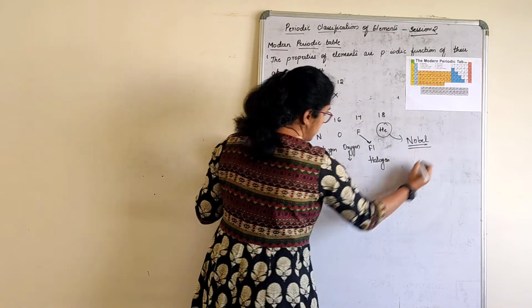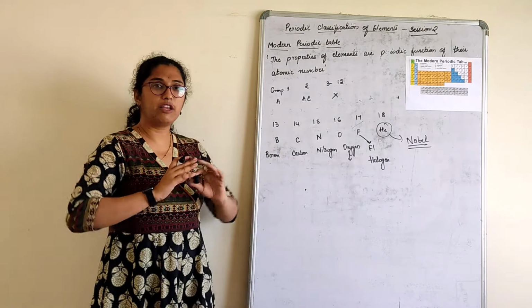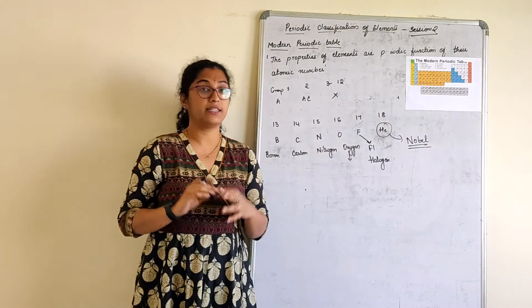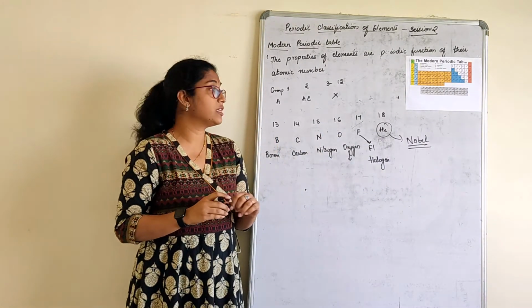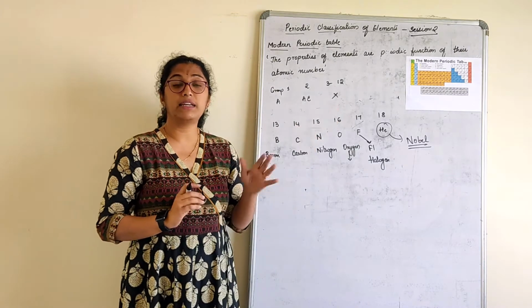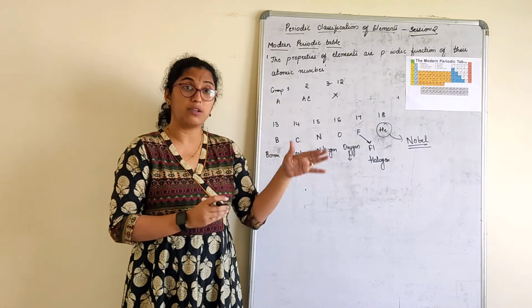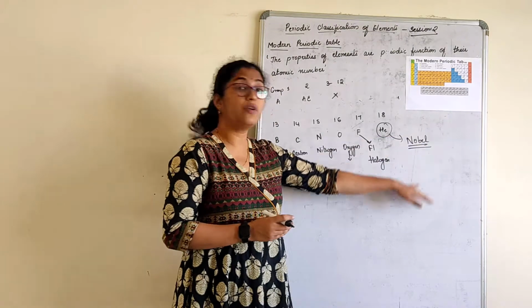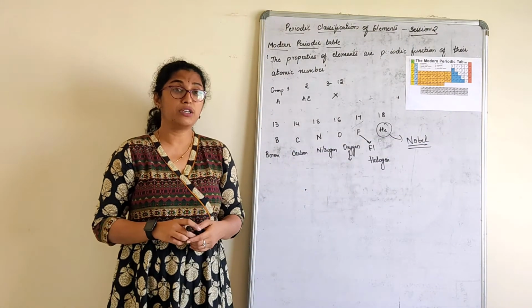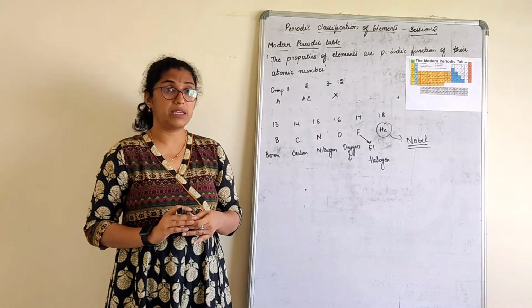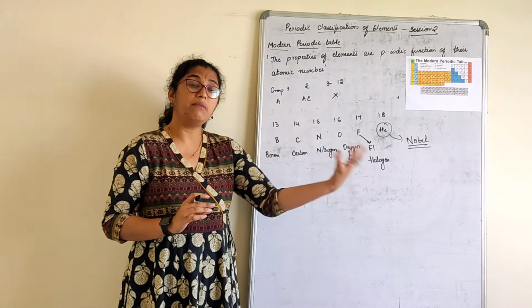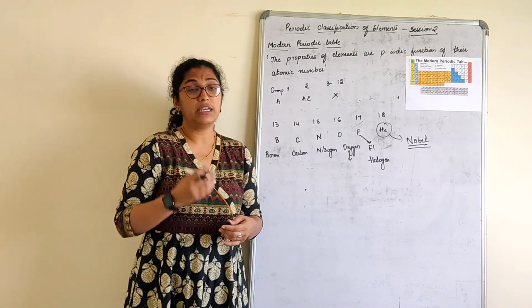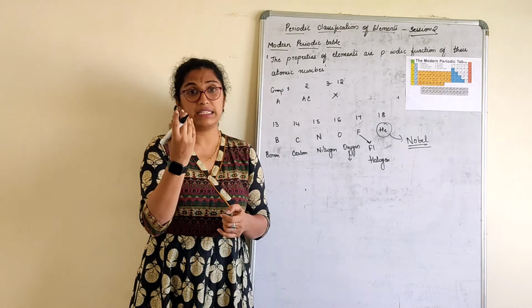They are like a king. What does a king do? A king will not participate with everybody, right? He has his own rules and regulations. So all noble gas elements are called inert gases or zero group elements. Why? Because they do not take part in chemical reactions. Which elements take part in chemical reactions? Those that have valencies.